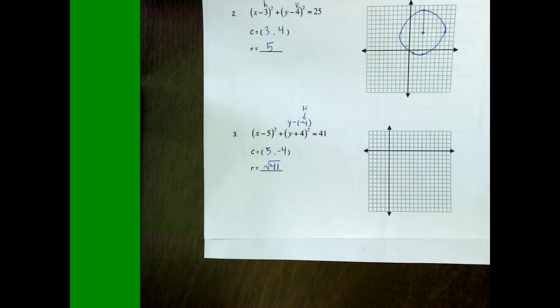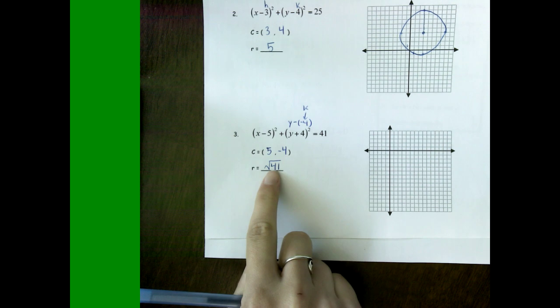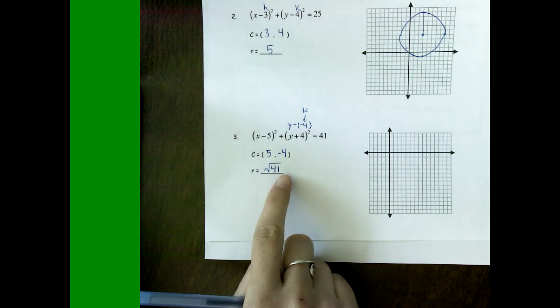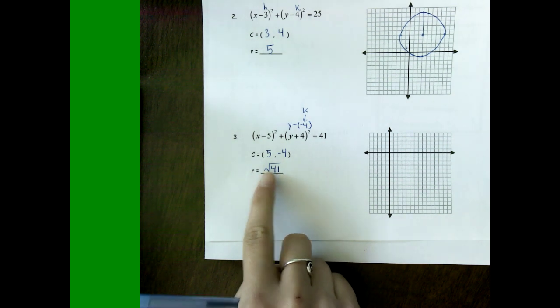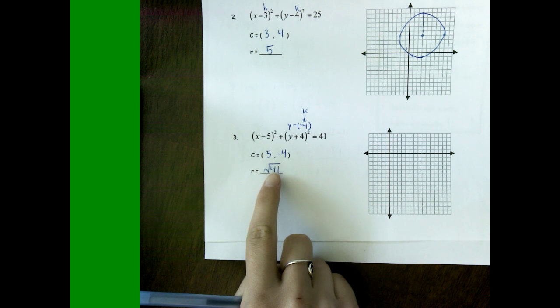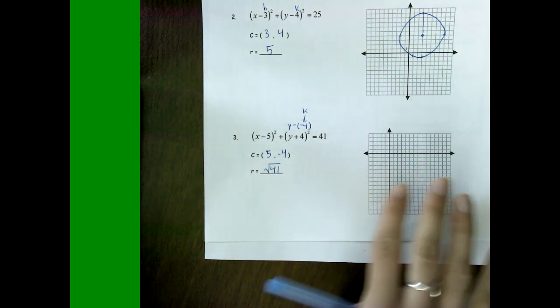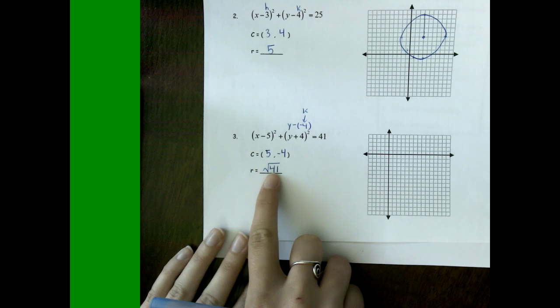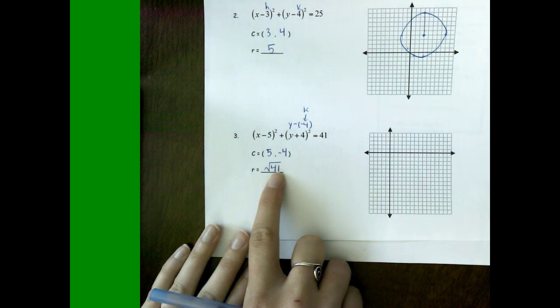Really, you guys, if it's a number that's under 144, I would expect that you could approximate it without a calculator. If it's a huge number, go ahead and use a calculator. But here we can easily get an approximation without a calculator for our graphing purposes. So what are the two perfect squares that are closest to the number 41?